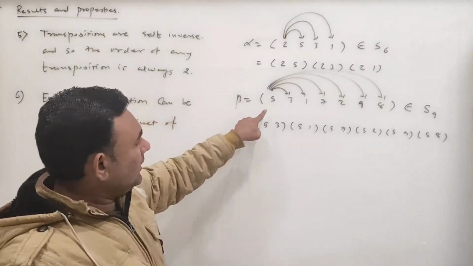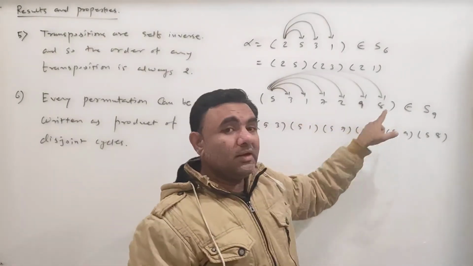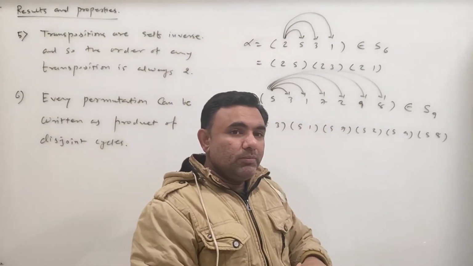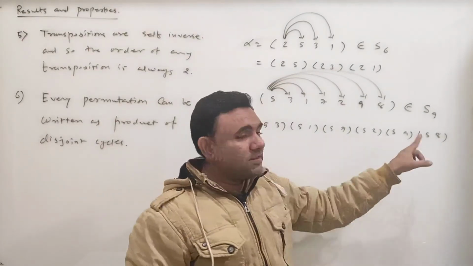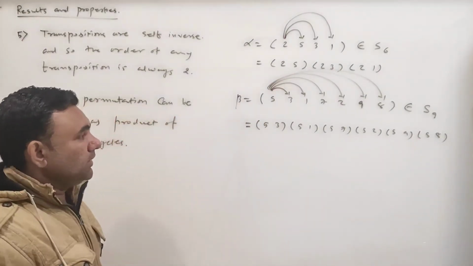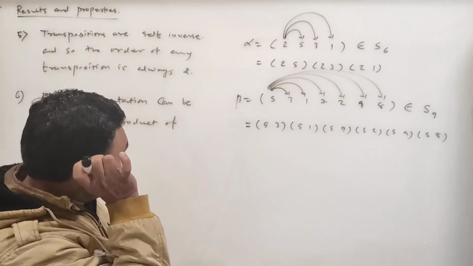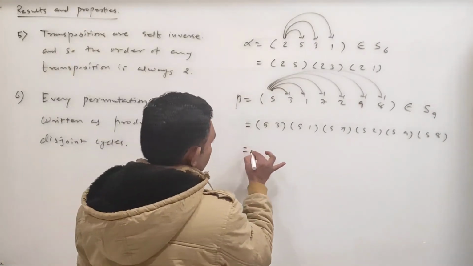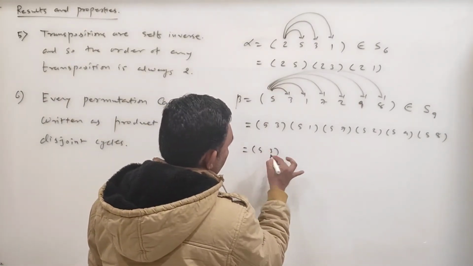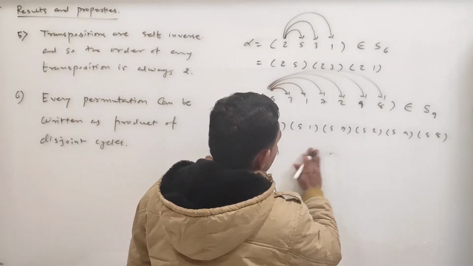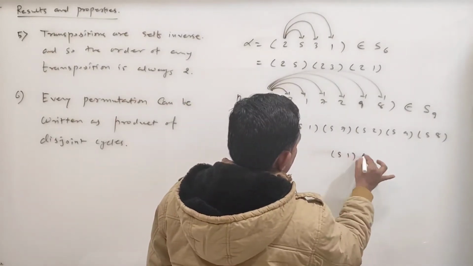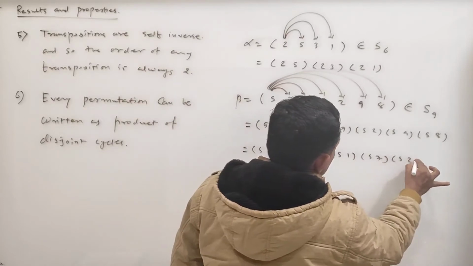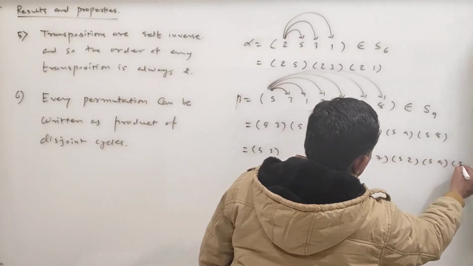But what we can do: any cycle can be written as a product of transpositions. Okay, so now what do I do? See, I have (5 3), (5 1), (5 7), (5 2), (5 9) and (5 8).